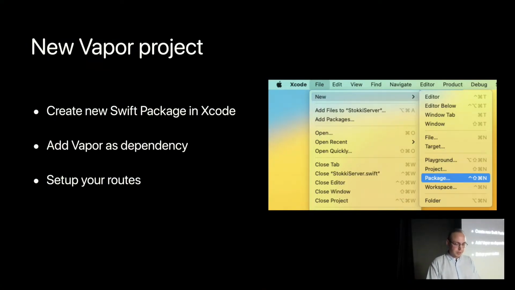So I'd probably recommend doing that as a start. And essentially, to make the package into a web application, you go in and add Vapor as a dependency, which allows you to use their APIs and create what they just call an application. And then you can set up your routes, or basically your endpoints, and then you're good to go.